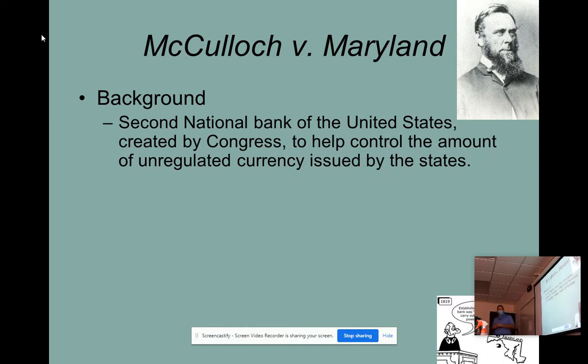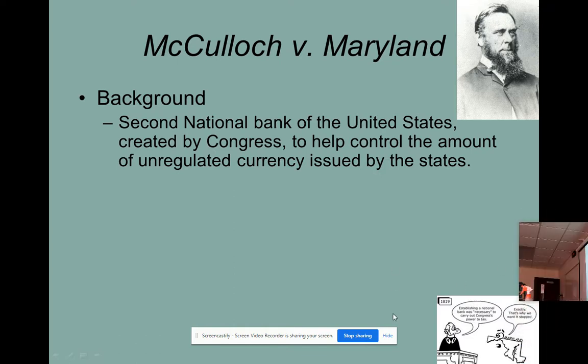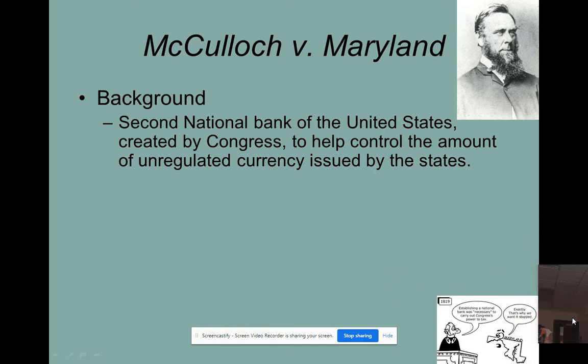Second Bank of the United States, which was the renewal of the first bank, created by Congress to help control the amount of unregulated currency issued by the states. So it was created by Congress, right? As Luke said, many states did not feel that Congress had the power to do so.